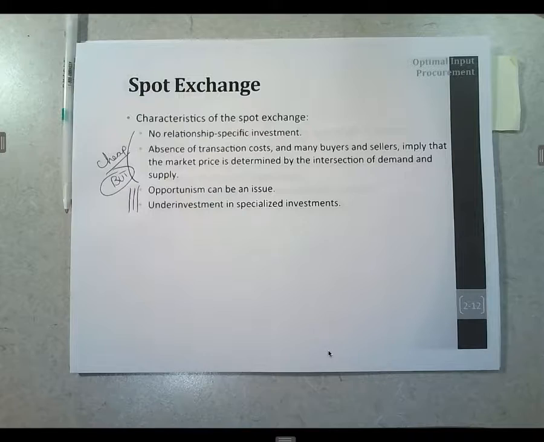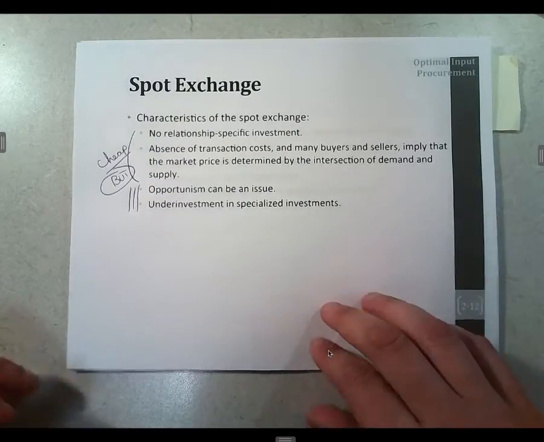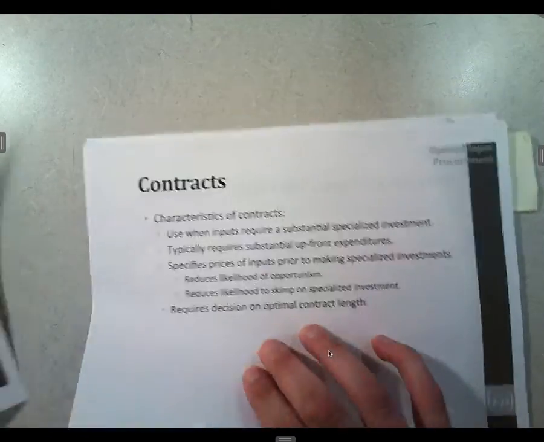You've also got the problem of opportunism rising again. And you see that opportunism because it may be the case that you're underusing or overusing that input to try to gain on a situation where you actually didn't need to have that kind of input involved.